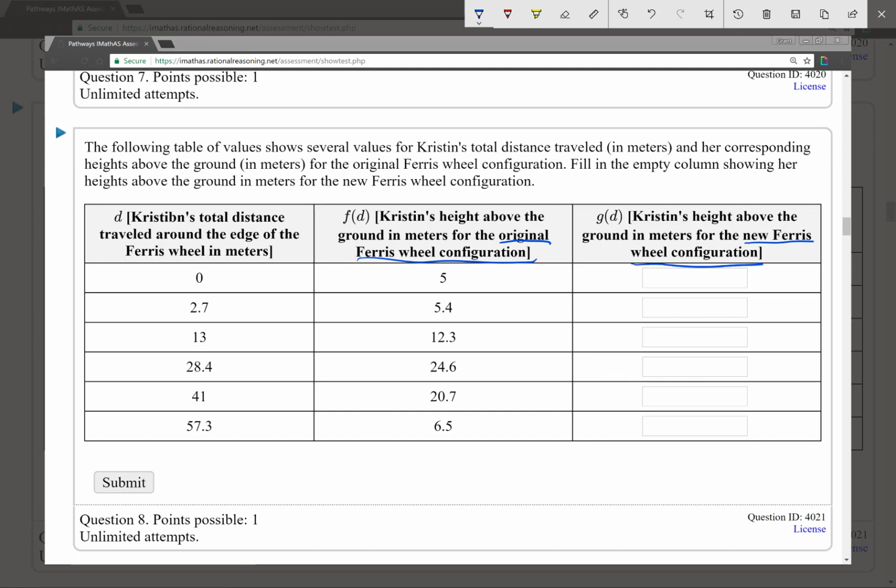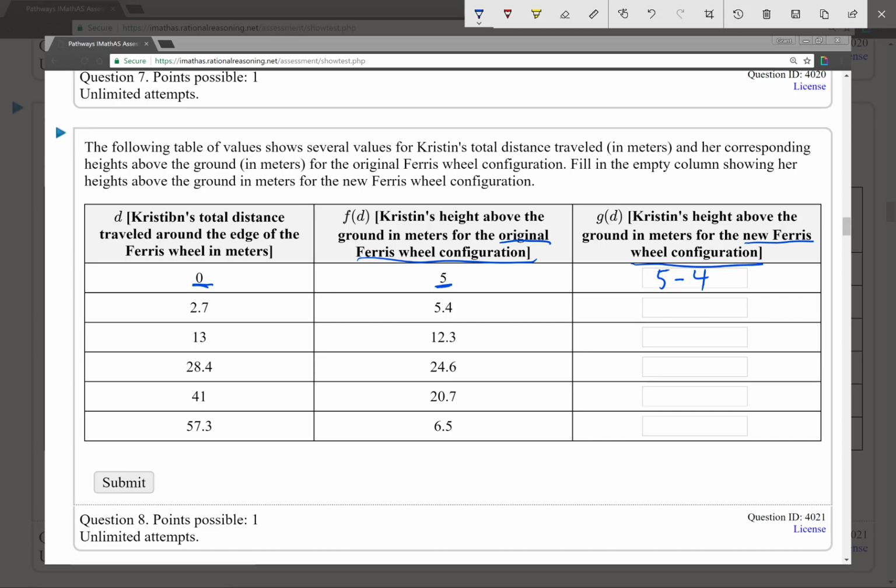So if Kristen has traveled 0 meters around the edge, in the original configuration, she's 5 meters above the ground, but in the new one, she's going to be 4 meters below where she was in the original scenario. So in this case, she should be 5 minus 4 meters above the ground.